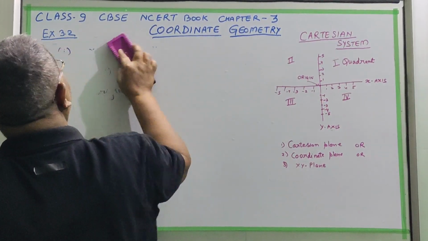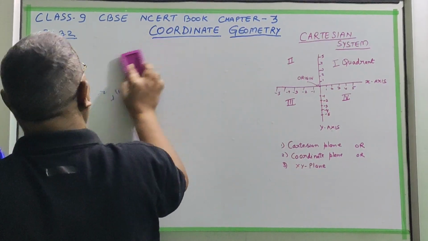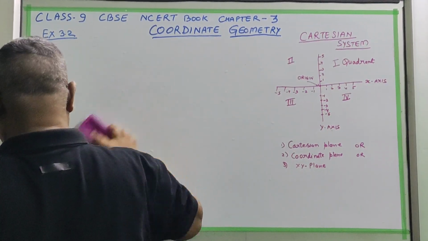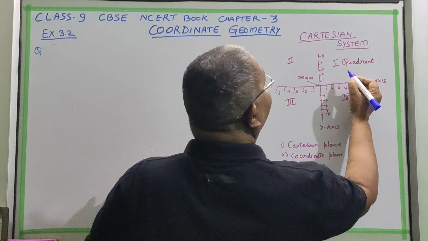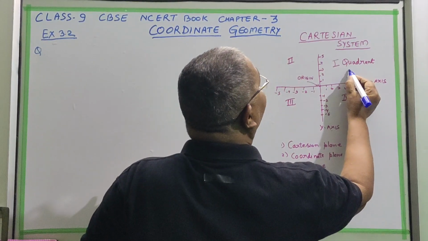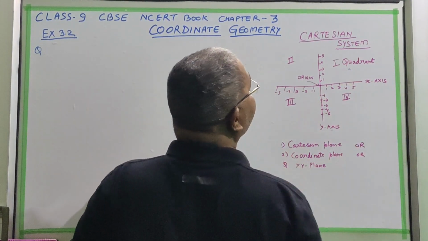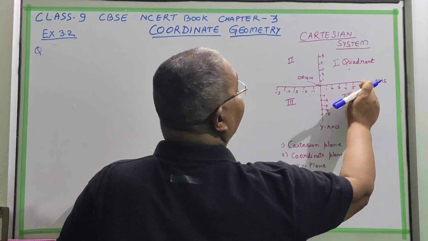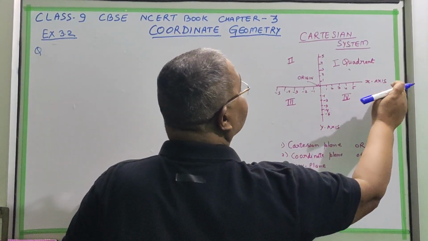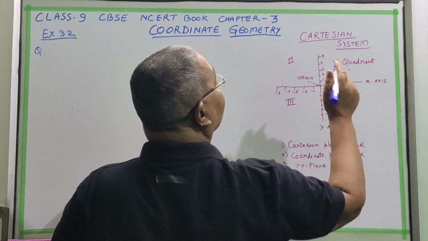Before going to question number 2, I will explain something. Suppose here is a point. How can we describe it? First we have to go along the positive x-axis; this side is positive and this side is also positive.